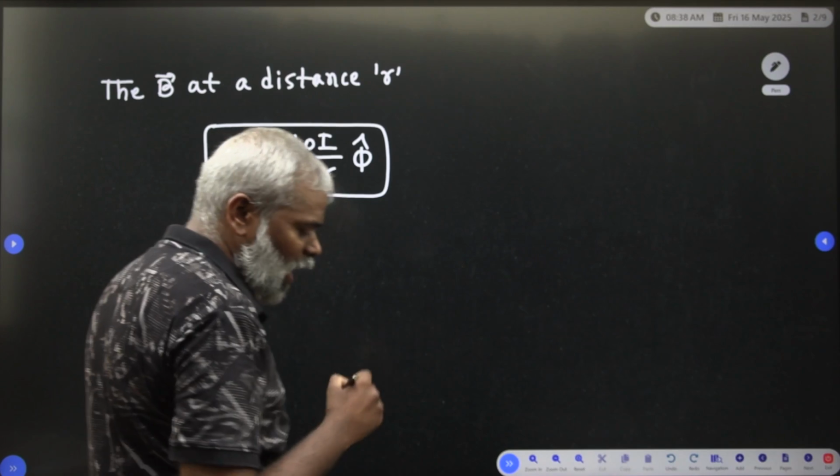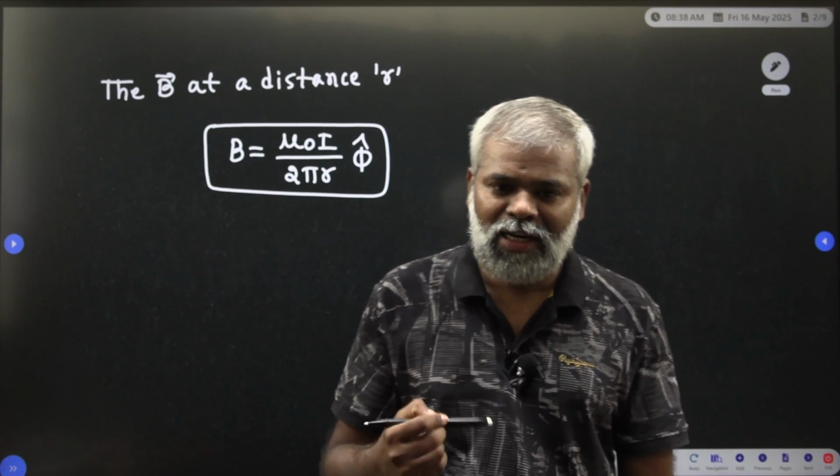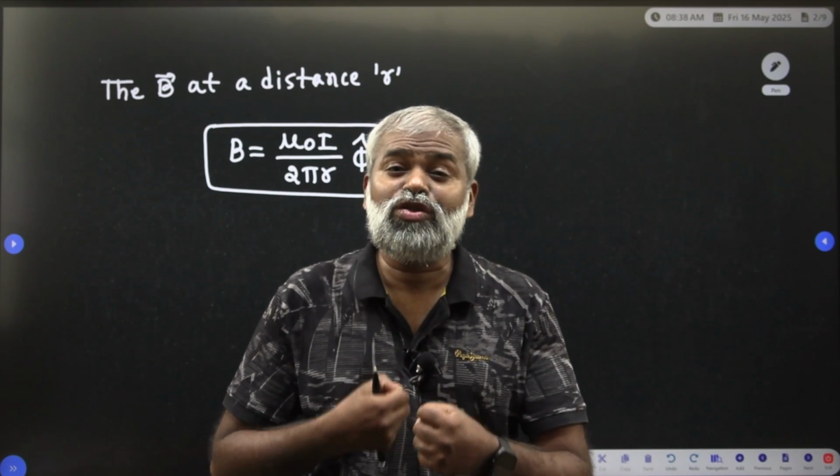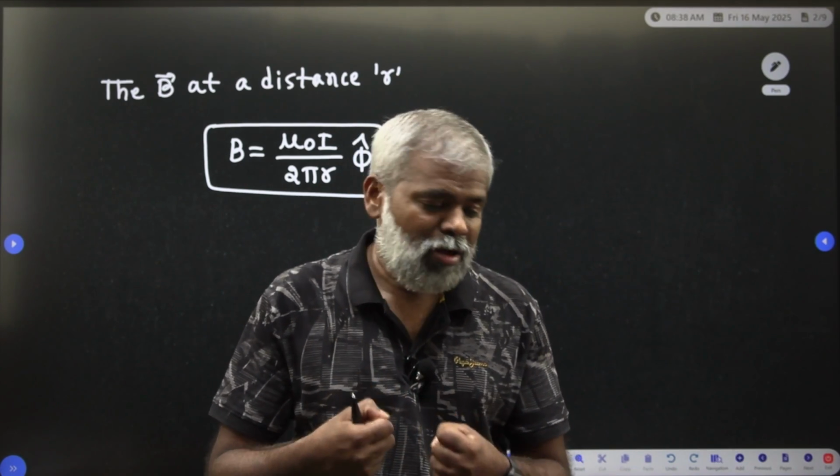To calculate the Poynting vector, we need to know both the electric field and the magnetic field.